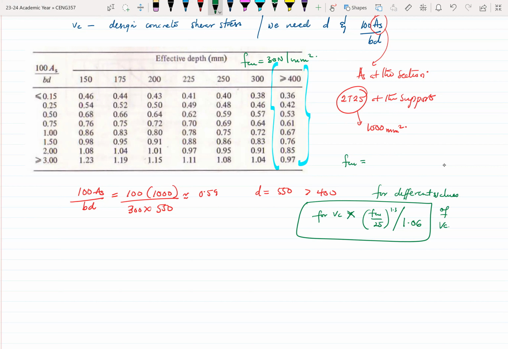So let's continue with our calculations to find our VC. Our 100 AS over BD is 0.59. So it's somewhere between these two values, which means we are choosing values between 0.53 and 0.61. If you go back to the previous calculations, there's an equation that we use to help us calculate that.